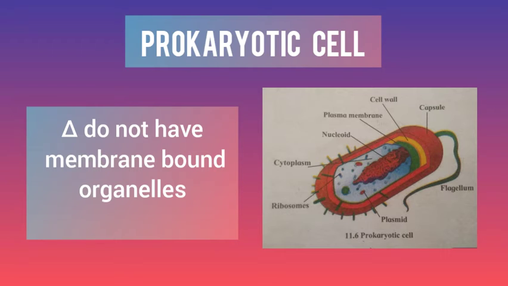Then cytoplasm, ribosomes and plasmid and flagellum for motility, means for motion flagellum is present. This is a well labeled diagram of prokaryotic cell. This can be asked in your examination. So concentrate on this diagram and try to draw this diagram with labeling. Okay, let's move forward.